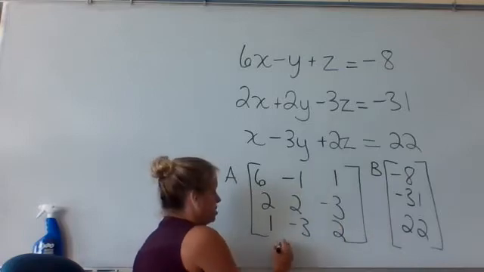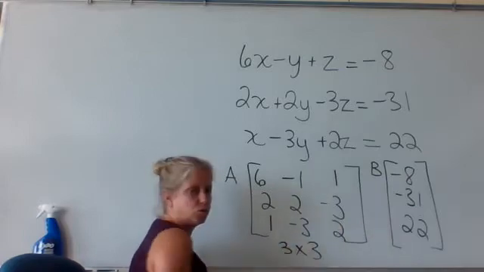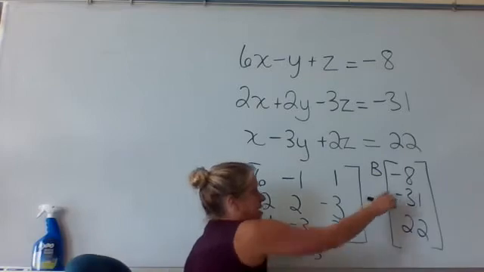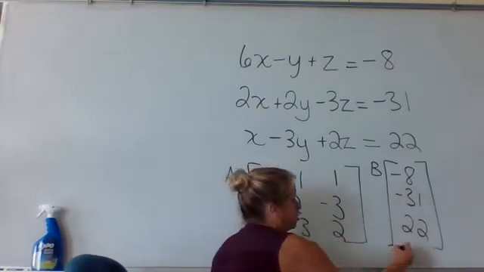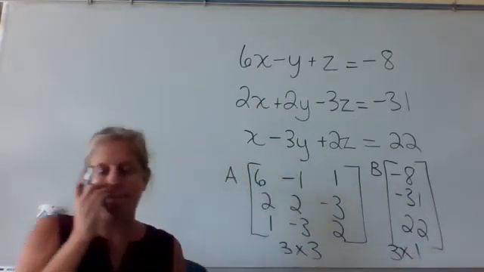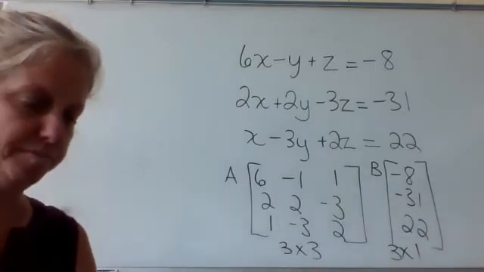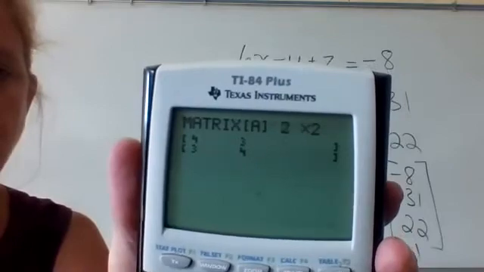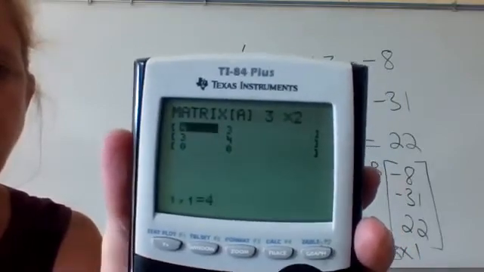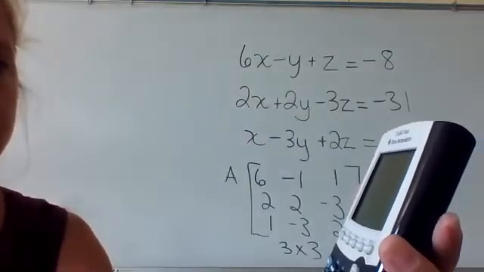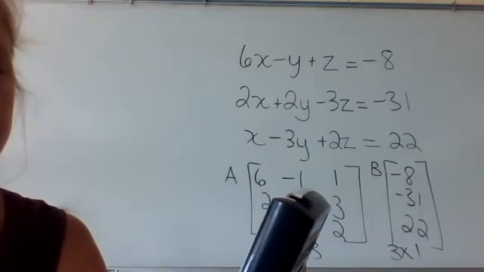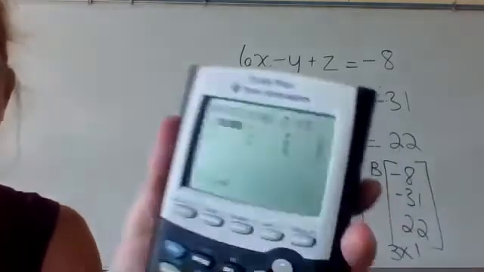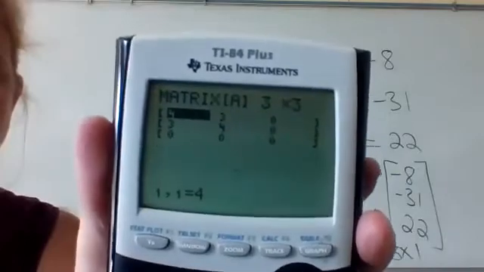So you want to make sure you tell it 3 by 3 for matrix A. Then matrix B will be 3 by 1. So the first thing I have to do is change that 2 by 2 up top to a 3 by 3. Oops. To make your matrix stretch out.